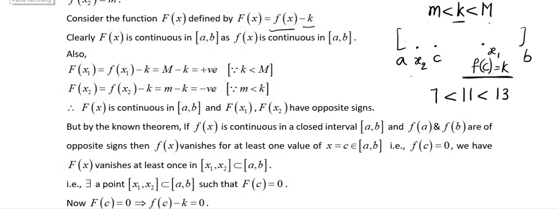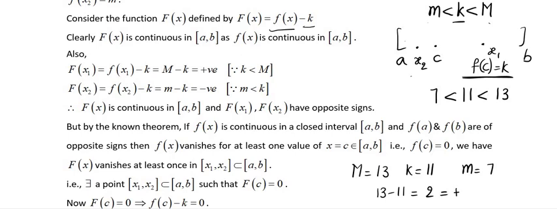From this example, capital M equal to 13, k equal to 11, m equal to 7. So, capital M minus k, that is 13 minus 11 is 2, which is positive. So, capital M minus k is positive whenever this relation is true.